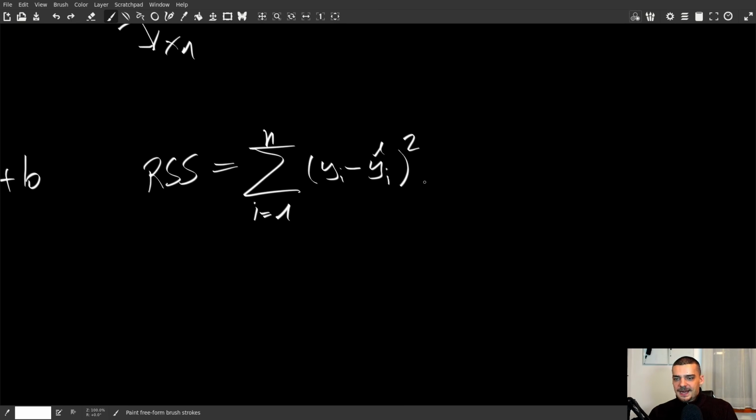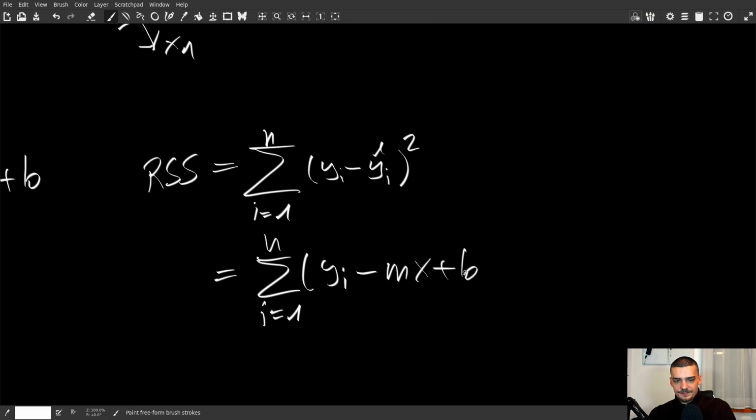Now, we can also expand this and say that actually what we have here is just y_i minus, and then we have our parameters. We have the input, so that is just m times x plus b. So whatever my slope is, times x, and then plus b. That is actually my prediction here.